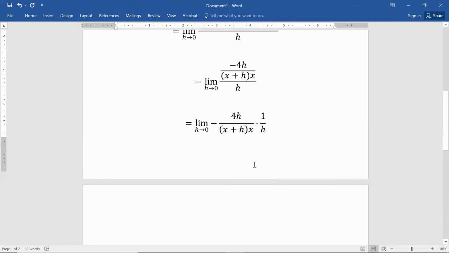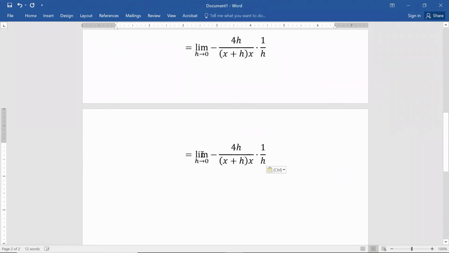Multiplying times 1 over h gives us another h in the denominator. 4h times 1 in the numerator is just 4h. And notice now I can cancel out this h here with this h here.